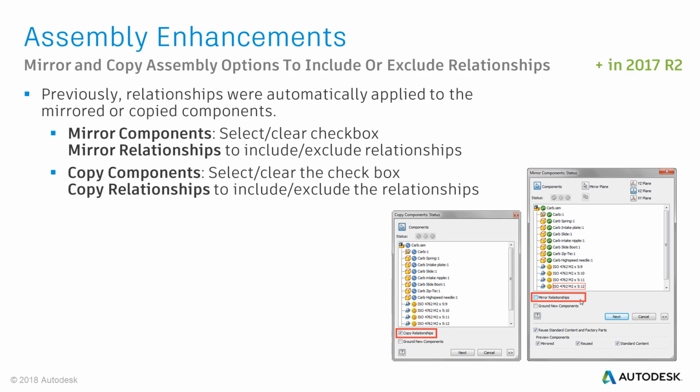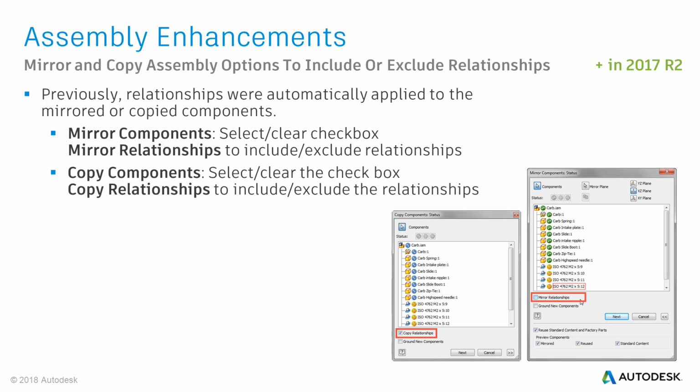Previously, relationships were automatically applied to mirrored or copied components. New options in Inventor 2017 R2 let you decide if you want to include the relationships in such operations. In the Copy Components and Mirror Components dialog boxes, you have the Copy Relationships, respectively Mirror Relationships, checkbox available.